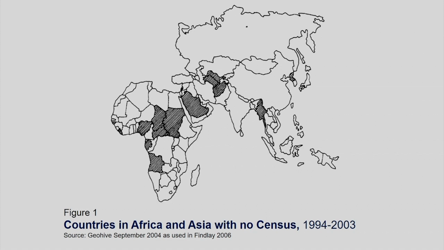So, these are countries in Africa and Asia which had no census between 1994 and 2003 because of various kinds of peace and conflict issues in these regions, and that has had serious implications on policy planning.